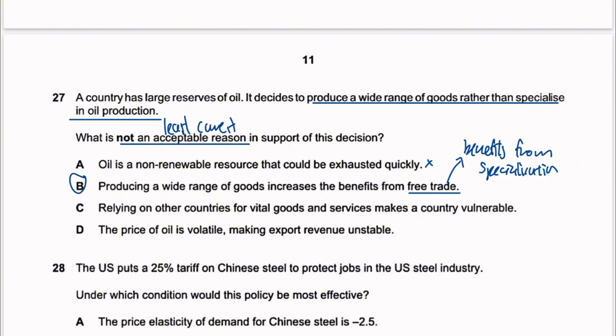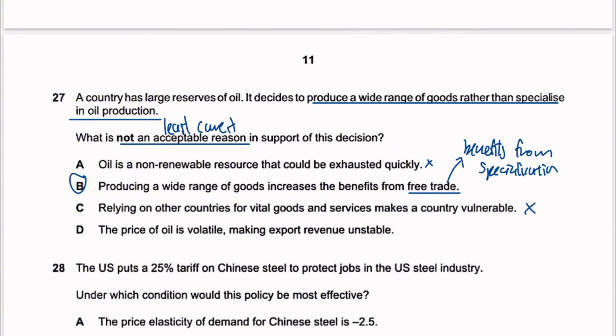C. Relying on other countries for vital goods and services makes a country vulnerable. Yes. So this is why a country needs to diversify its industries, so that when another country does not want to export the goods to you anymore, at least your local firms can still produce the goods themselves rather than depending on other countries.